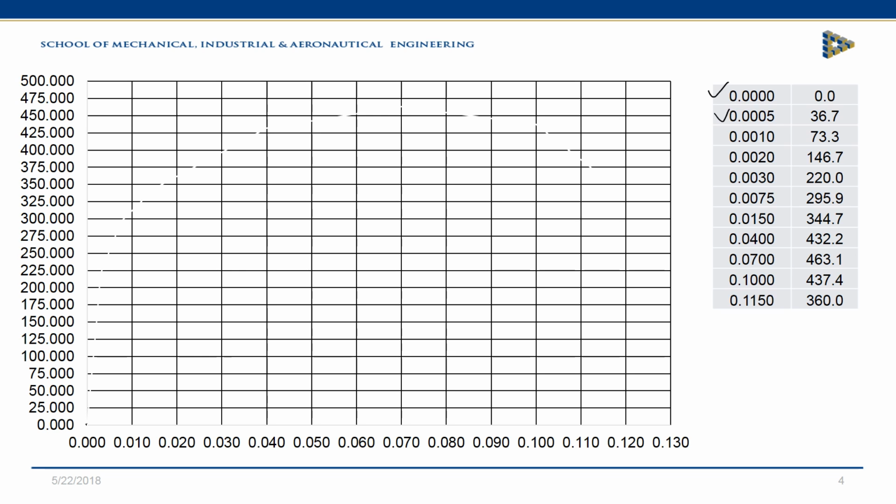Let's make the points crosses. Then my next point is 0.001 and 73, so it's just about there. Then 0.002 and 146 is just about here.